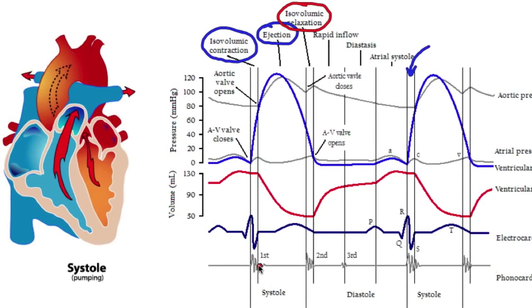And what that refers to is the closing of these valves. So at this point, after the QRS complex, where the ventricles depolarize and the ventricles start to contract, that's going to cause an increase in force closing the valve, closing this atrioventricular valve. And when that valve shuts, you're going to hear that first sound, the lub sound.